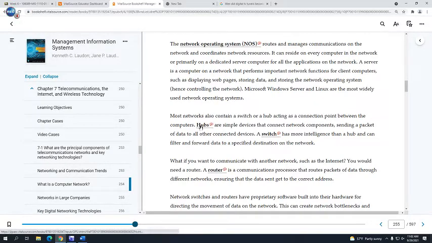Hubs used to be just a connection point. Hubs and switches. A switch was faster than a hub. A hub took your bandwidth and shared it with multiple computers. So I could have a hub, and let's just say there's 30 computers in here, so I could have a hub that allowed 30 computers to connect to it.